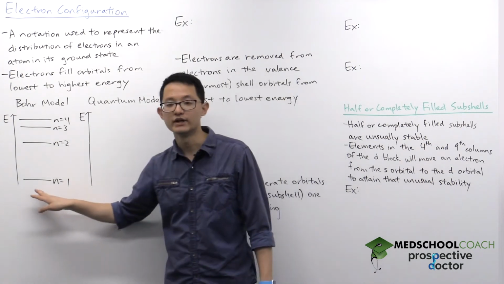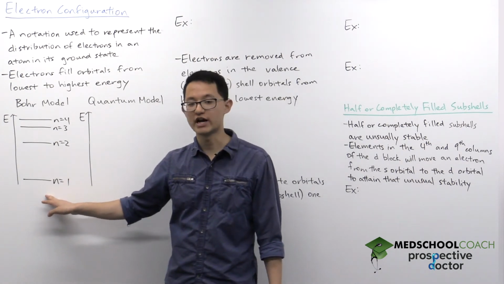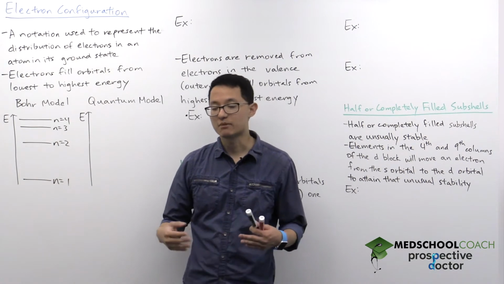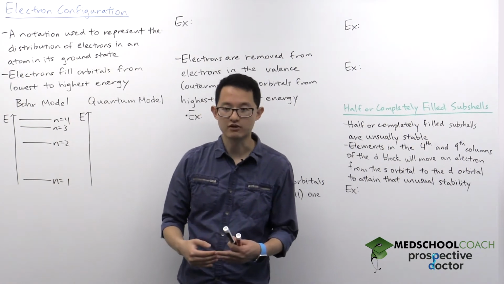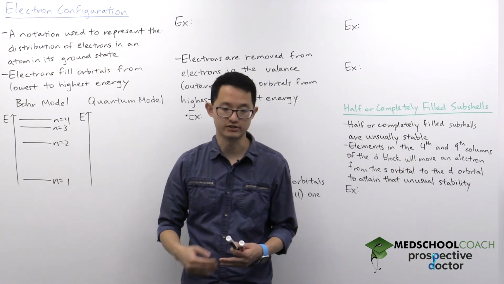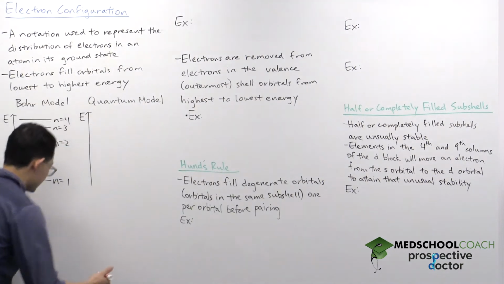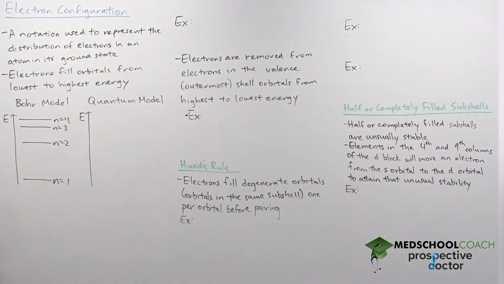In the quantum model, each energy level or shell can be divided into subshells, and each subshell is going to have different energies. And you can tell this based off the complexity of the shapes of the orbitals in the subshell.